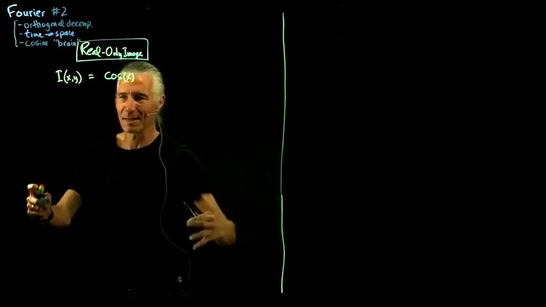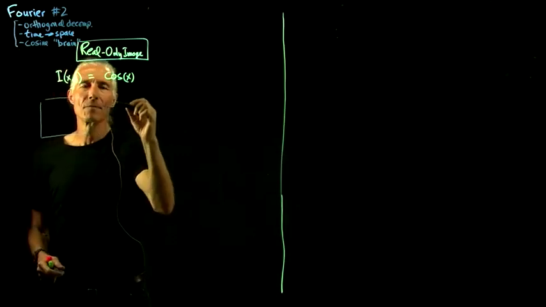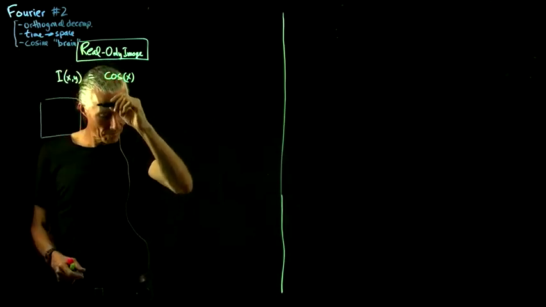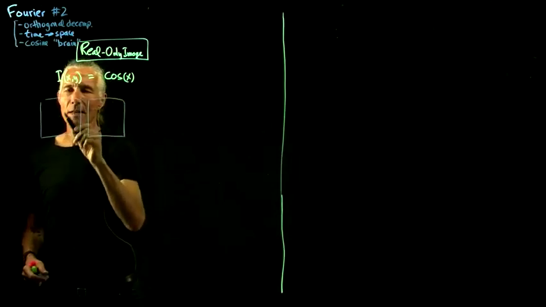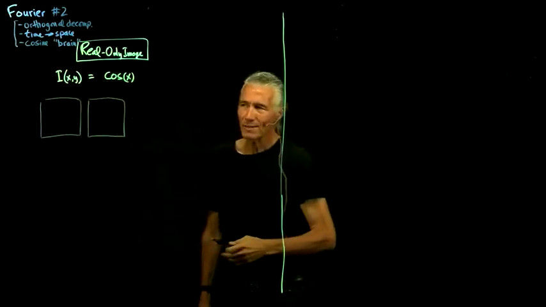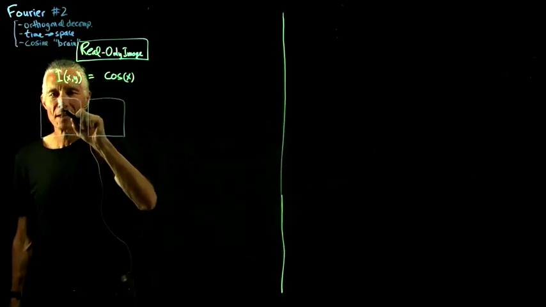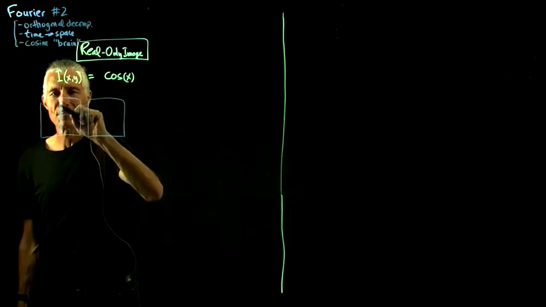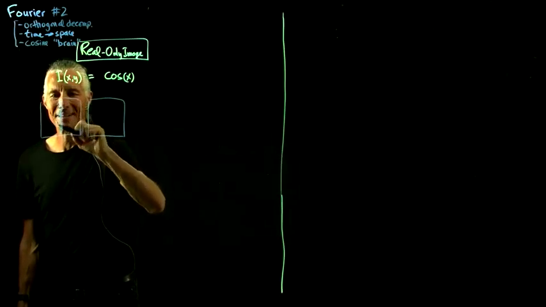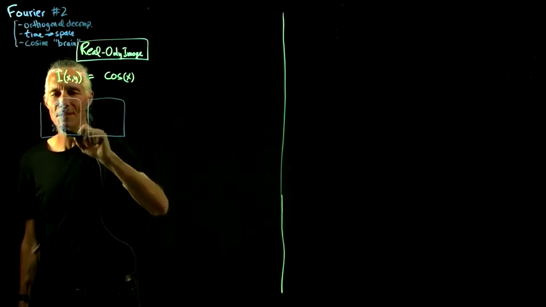I'll fit them all into here. So first we could do real and imaginary. So here's real and imaginary. In the notes, since the notes are on white paper, I've drawn the cosine brain out. Imagine that this bright thing I'm drawing here is actually dark. I'll draw it the same as it is in the notes, so it's less confusing.